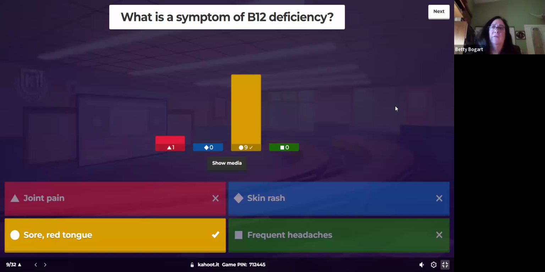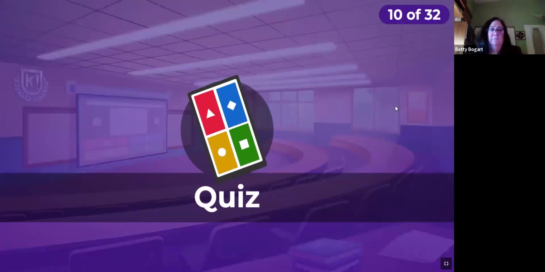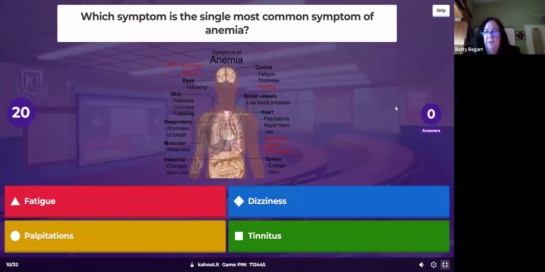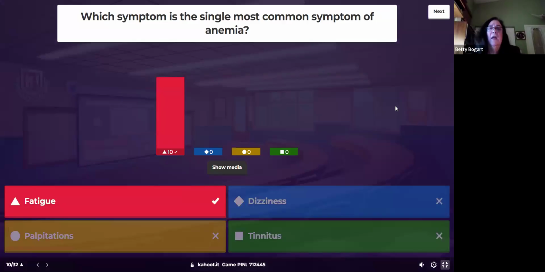It's the tongue that you look for. Very good. What symptom is the single most common symptom of anemia? What do these kids complain of the most? Fatigue, because there's no iron, there's no oxygen, they're just running on empty. Very good.